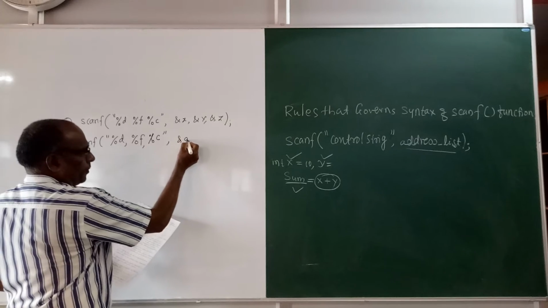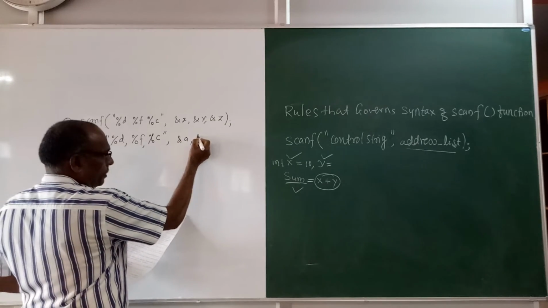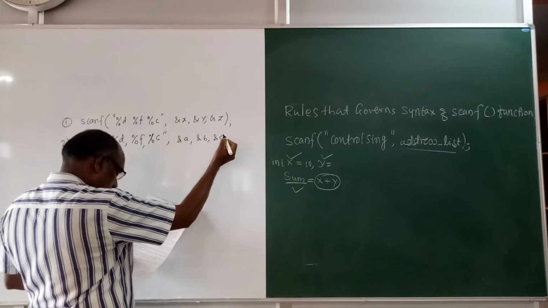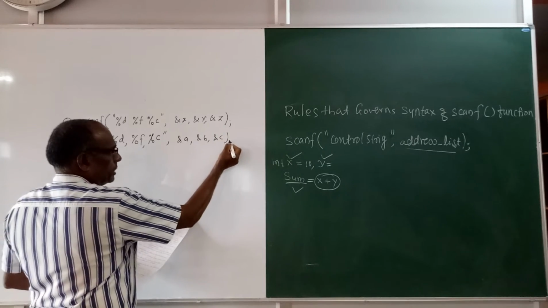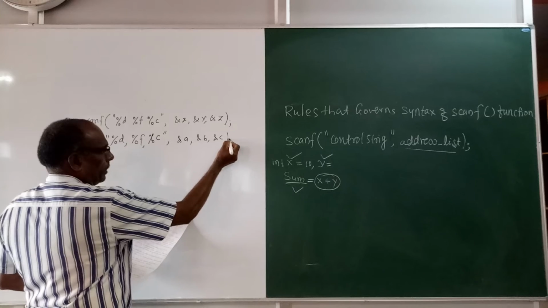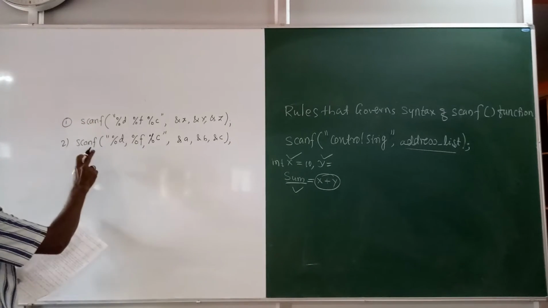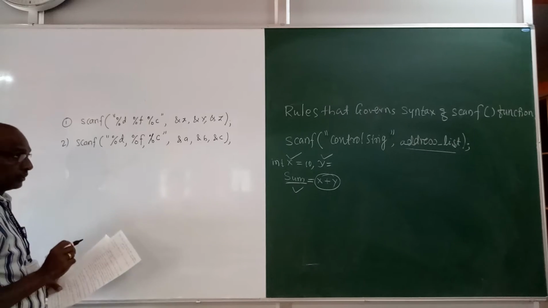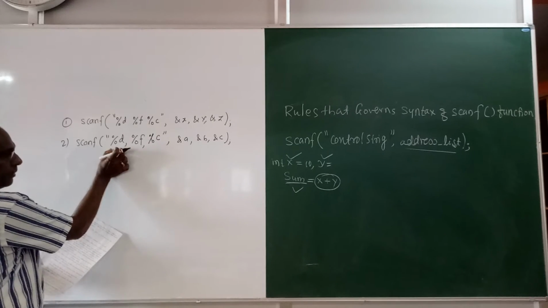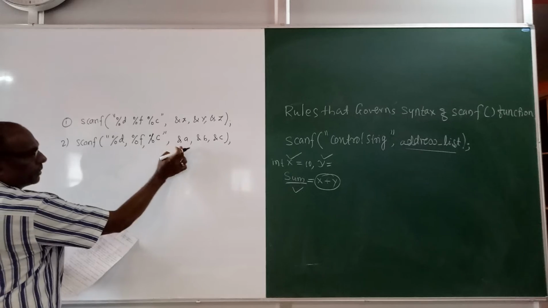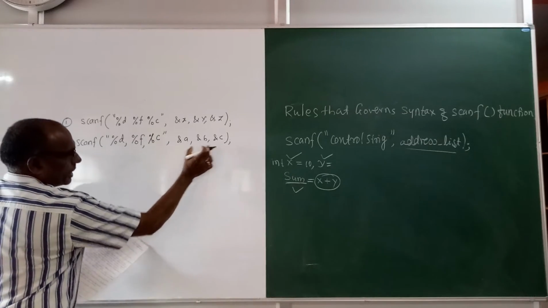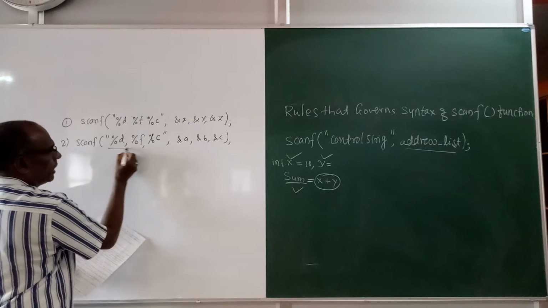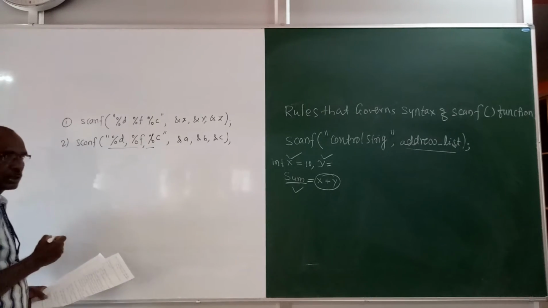And &a, &b and &c. In this, all the 7 to 10 rules are followed. This is for one variable, this is another, and these are the memory locations, the 3 addresses. 3 variables, 3 addresses, and 3 control strings here.